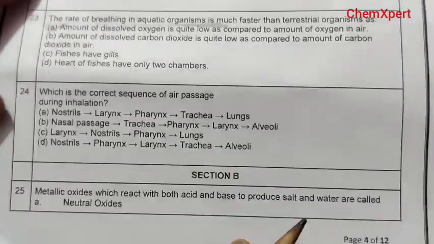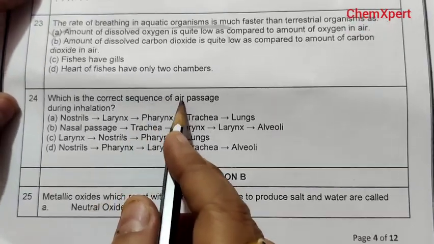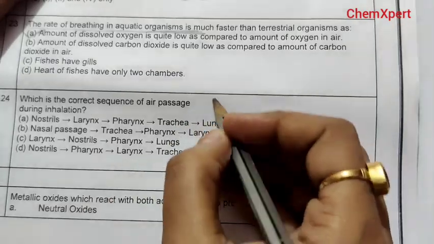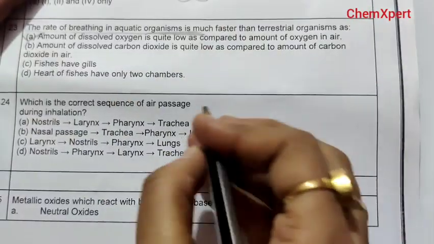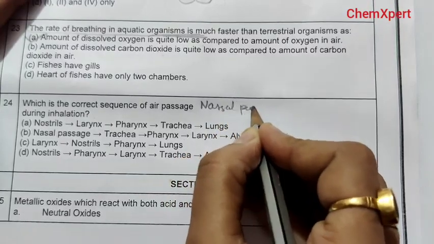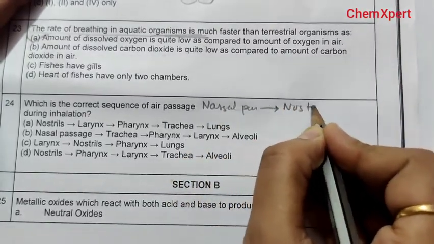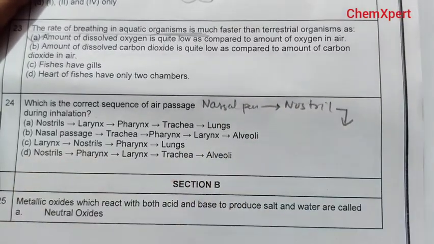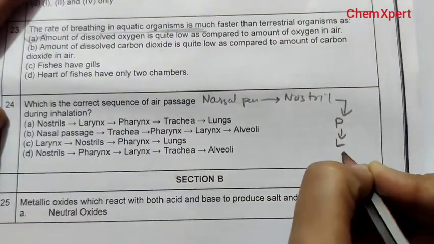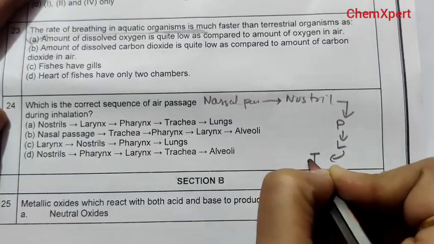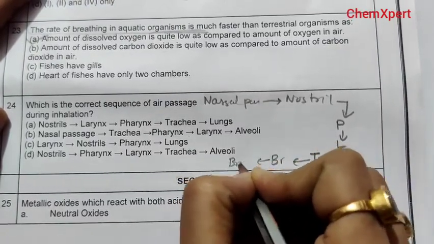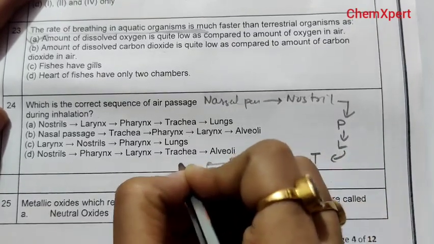Now which is the correct sequence of air passage during inhalation? You must recall that order. The first one is the nasal passage, then the nostril, then the pharynx part, then the larynx part, then the trachea, then the bronchi, then the bronchioles, then the alveoli.